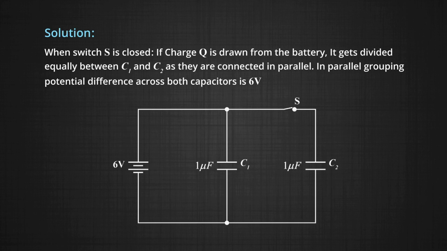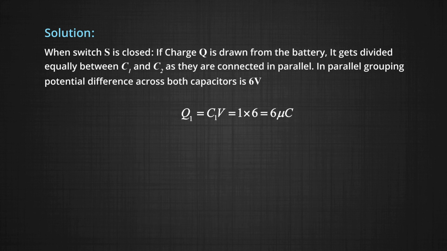When switch S is closed, if charge Q is drawn from the battery, it gets divided equally between C1 and C2 as they are connected in parallel. In parallel grouping, as we know, the potential difference across both capacitors is 6 volt.